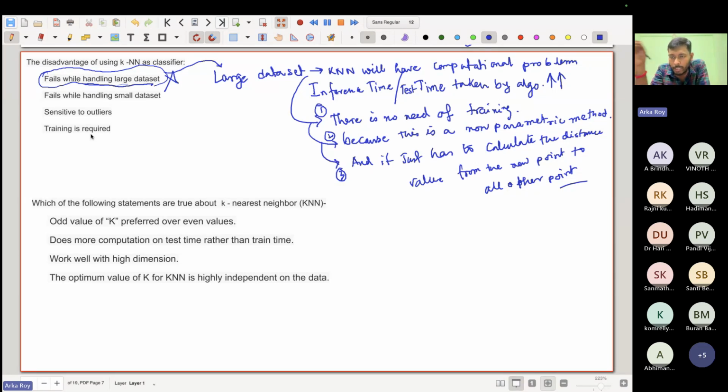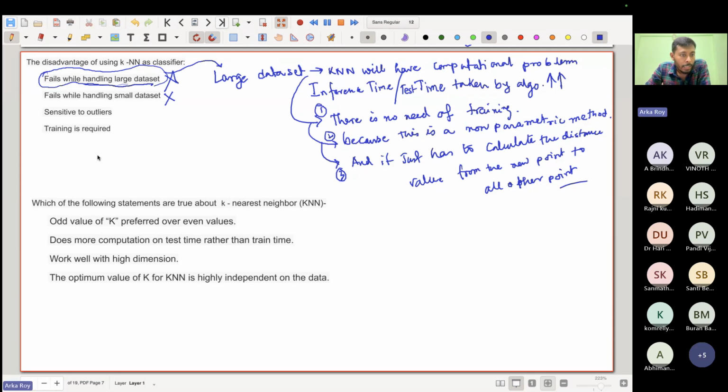So if you bring a new data point into the data set, you will have to calculate a very small amount of distance values. Then the RAM requirement would be very small, and as far as classification is concerned, there is no issue. So therefore, this particular statement is totally incorrect, that it fails for smaller data sets. Rather, it works for smaller data sets very well.